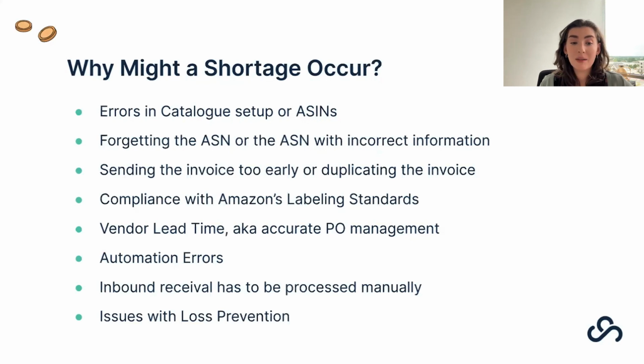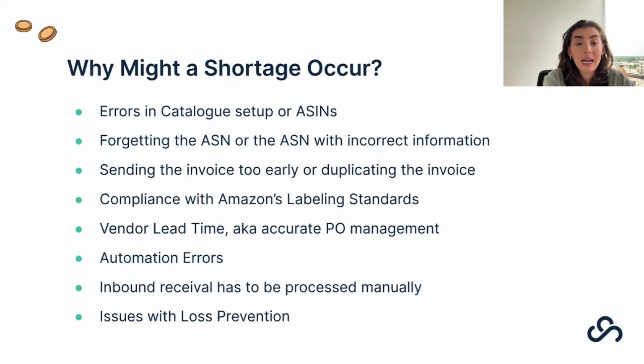Another error can be more on the retailer side with Amazon. So automation errors, like I said, those little mini factories that we call fulfillment centers, there can be issues there, and that might create an error that you can bounce back and give the responsibility to Amazon. Or it can be something where you've set up your packaging or your receival process incorrectly, and Amazon is counting that under an automation error.